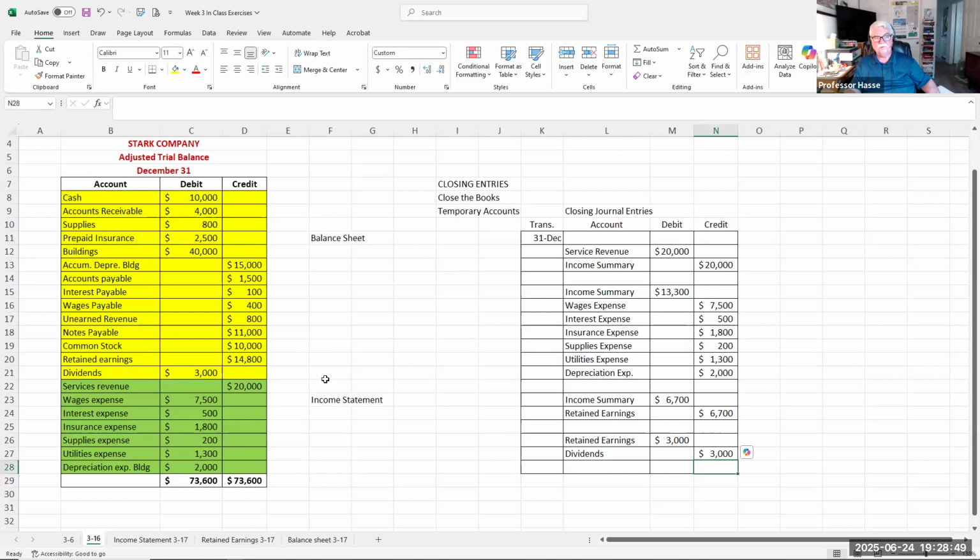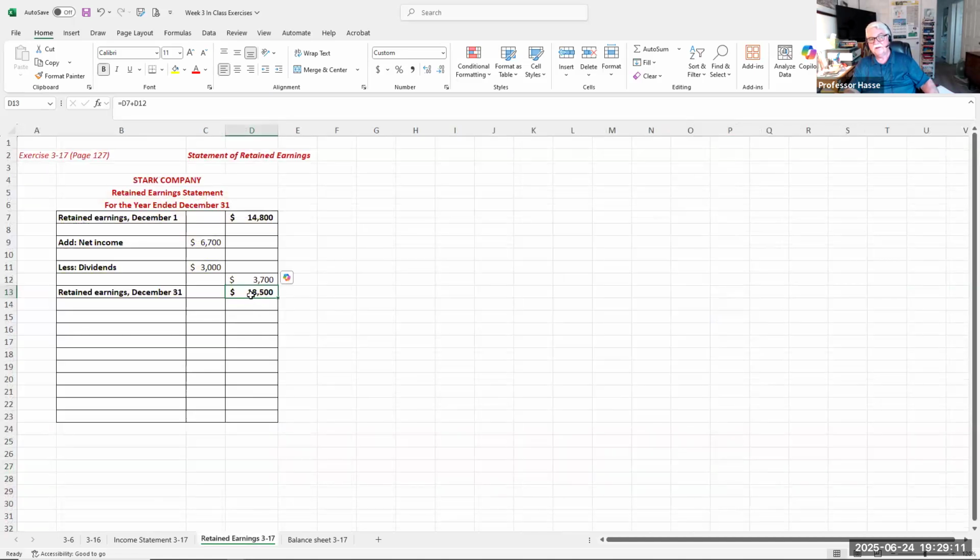So now we've closed the dividend account and we know what dividends we're going to pay in the next year, 2026. And so now all the temporary accounts have been closed to retained earnings. And what's our retained earnings account balance going to be at the end of all this? Just like it says right here, $18,500.